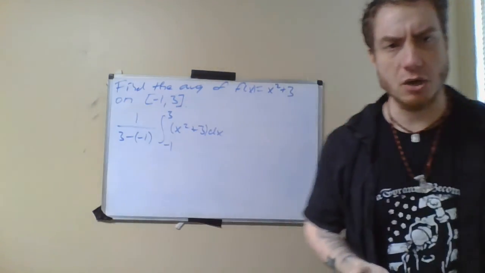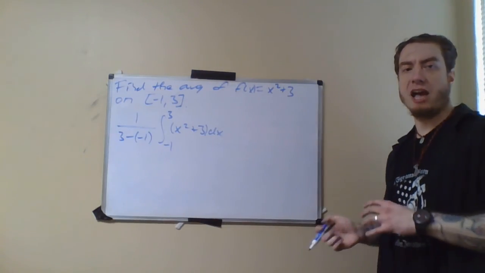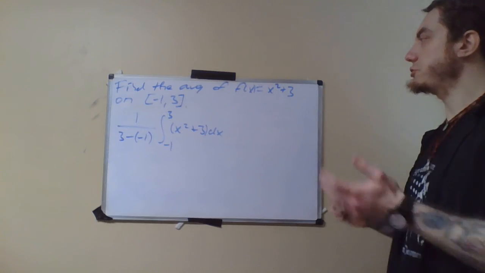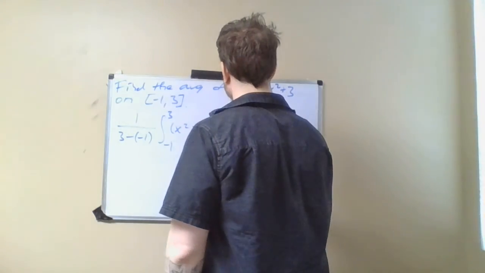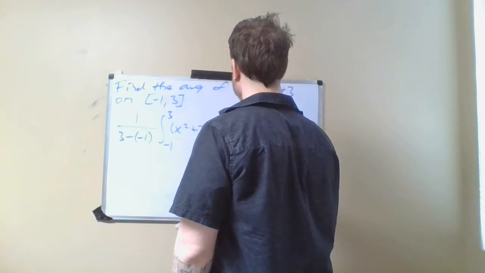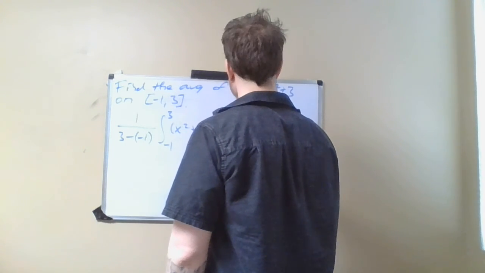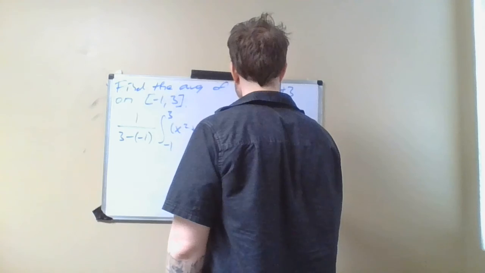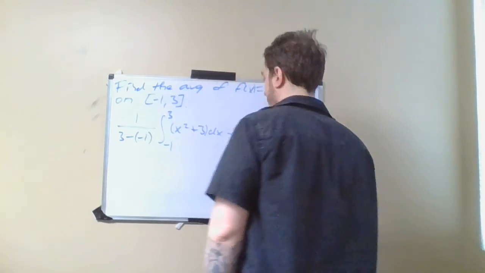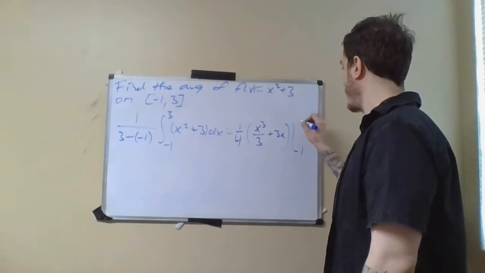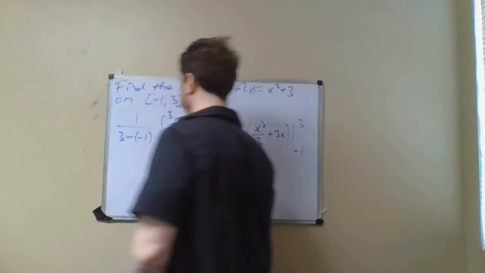It's just a polynomial being integrated, so we don't have to break out any major tricks. This is then going to become 1 over 4 times x cubed over 3 plus 3x, evaluated from negative 1 up to positive 3.